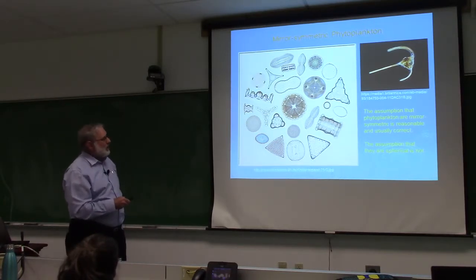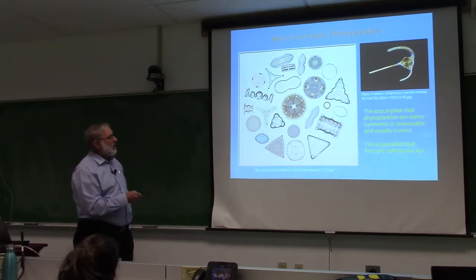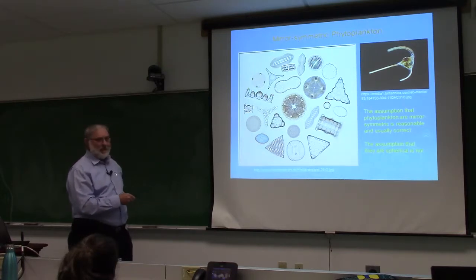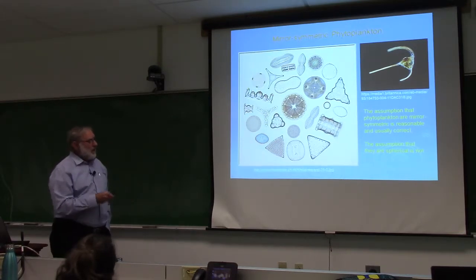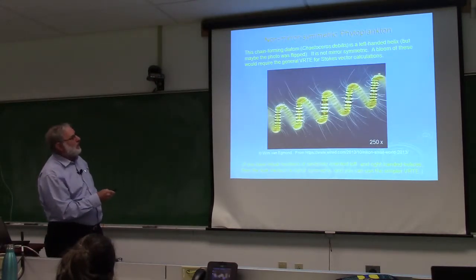Now you'll notice a few of these could pass as spheres, but a lot of these guys are definitely non-spherical. So how good is Mie theory going to be when you apply it to this phytoplankton here? Maybe not so good. Okay, what happens? Well, here's another diatom.